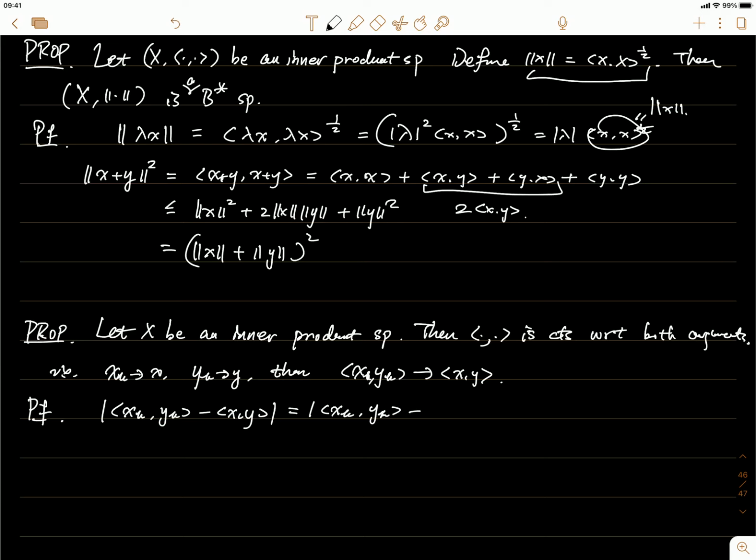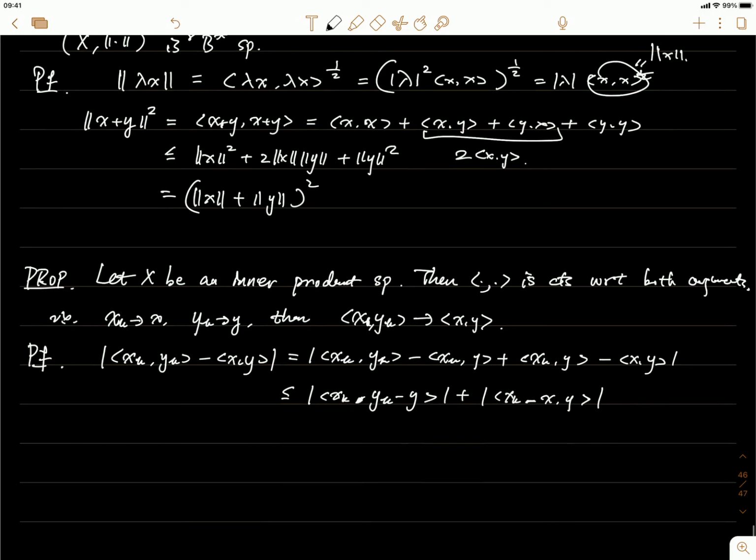So for example, you subtract ⟨xk,y⟩ and add it back, and then you take out ⟨x,y⟩. Then you use the triangle inequality. Because of linearity of this inner product, you can split this, and you also have ⟨xk−x,y⟩. By the triangle inequality, this is less than or equal to ⟨xk,yk−y⟩ plus ⟨xk−x,y⟩.